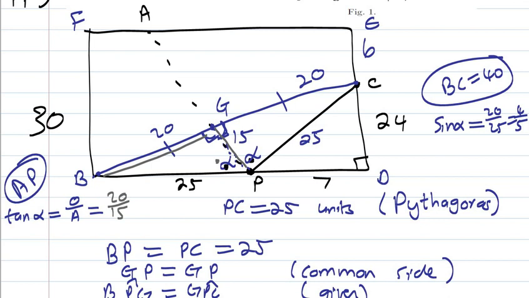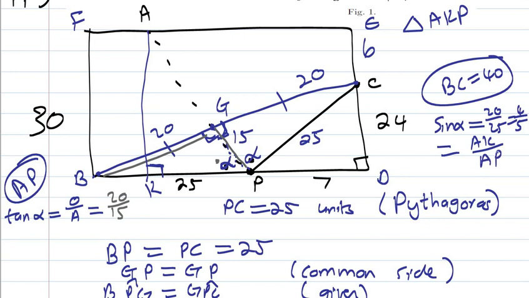The reason why we do this is that from point A, I drop a perpendicular. Let's call this point K. Can you see in triangle AKP that this angle is alpha and that sine alpha is defined as AK over AP?